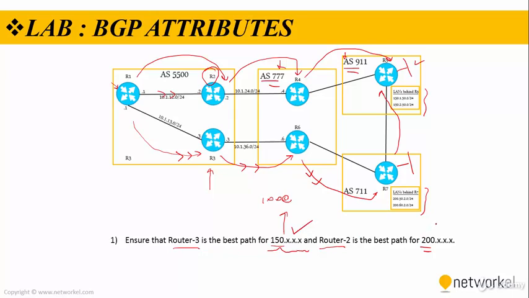And I used the lower local preference value on router 3 again to ensure that router 3 is not the best path for this network, so the other exit point, which is router 2, is the best path for this network. Alright guys, we are finishing this lab, and thanks for viewing.